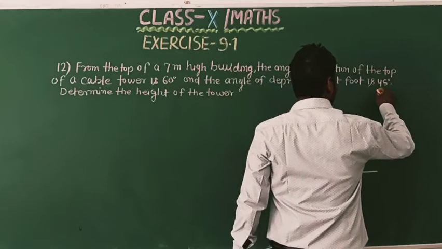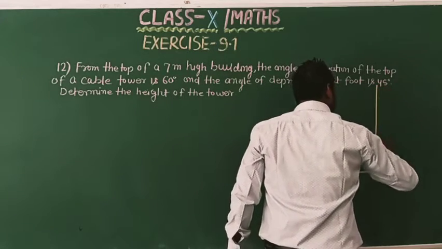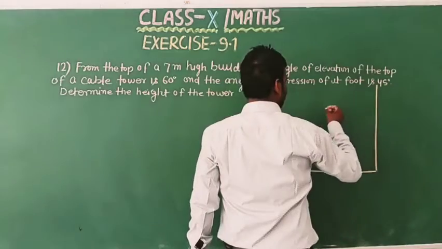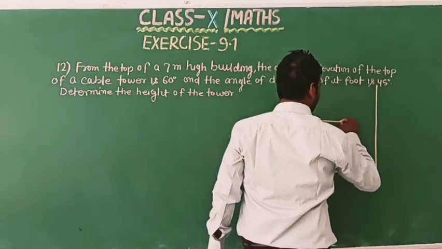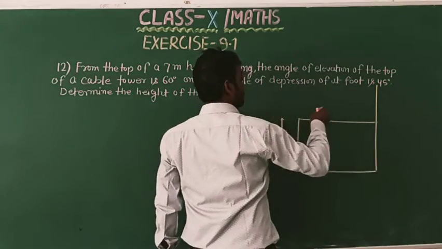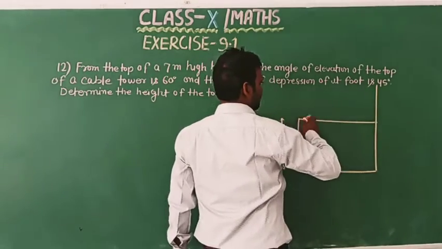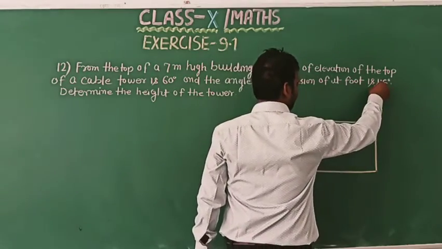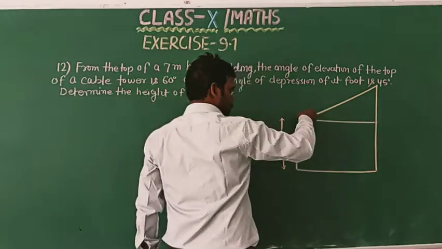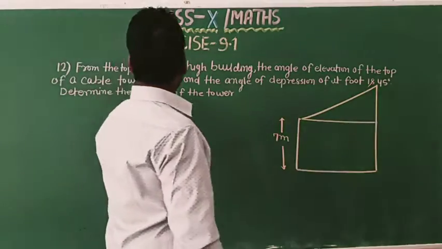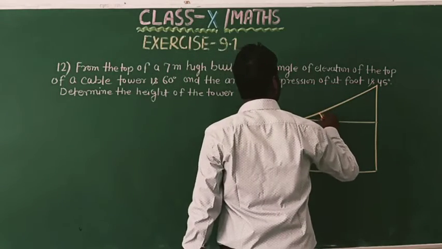This is the cable tower, and the angle of elevation of the top of the cable tower from the top of the building is 60 degree.